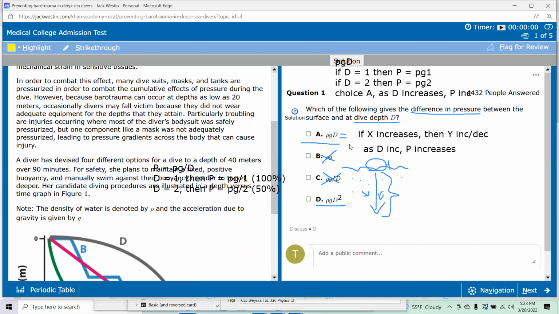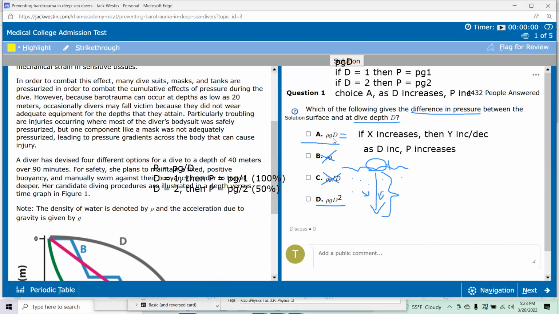So does anybody know what the equation for hydrostatic pressure is? It is from an equation. It's one of these two. Which one? PGH, yes, PGH.